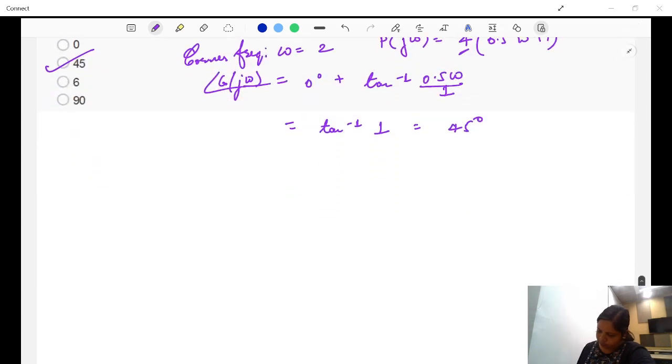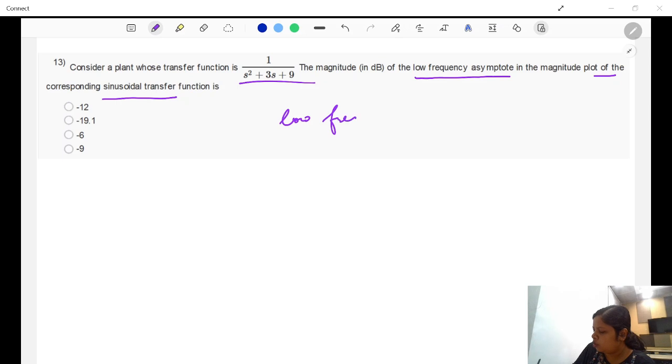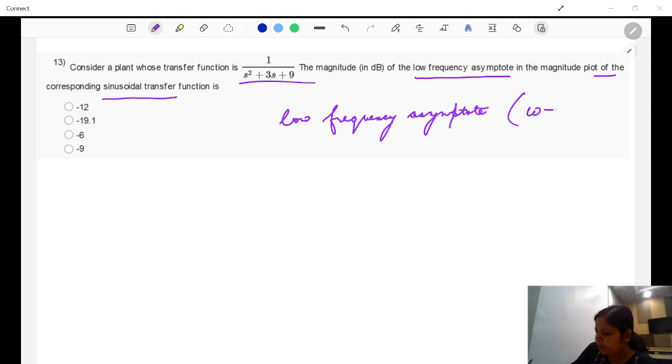Okay, now, this is the time you have got the second order system for the first time. And the transfer function is given as follows. The magnitude of the low frequency asymptote of the corresponding sinusoidal transfer function is what? This is what we want to find out. So if it is said that we want to find out low frequency asymptote, that means we want to do everything for omega tends to 0.